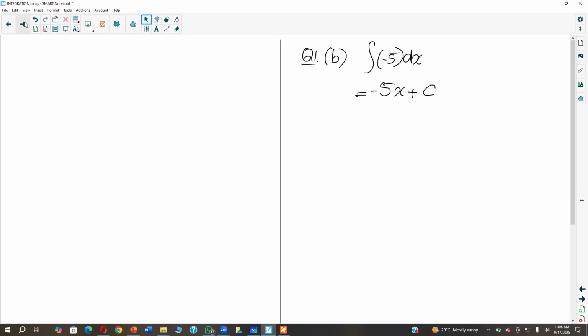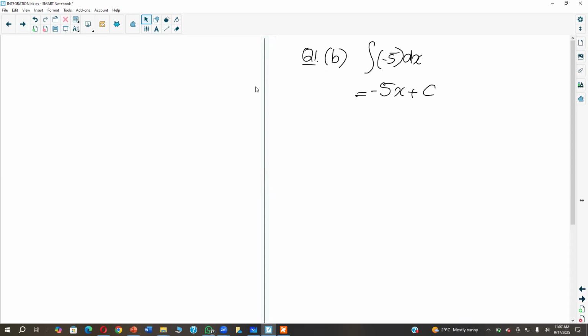When you integrate a number without any variable, you have to put an x back, because when you differentiate x, it becomes 1. So when you integrate it, it will turn back to x. So minus 5x. This is the reverse of differentiation. So minus 5x plus c.